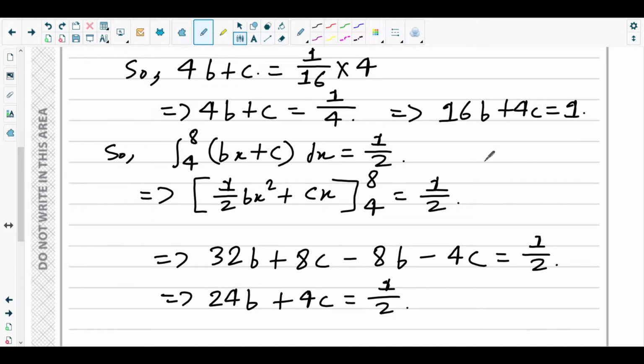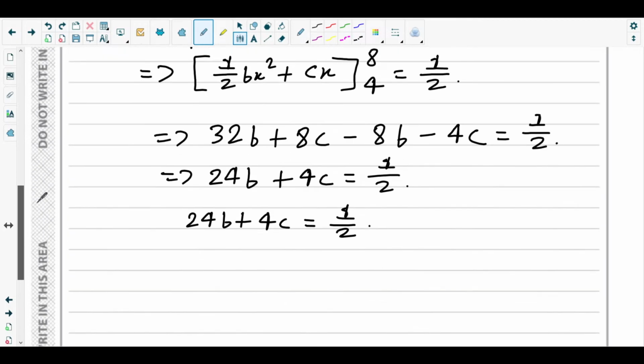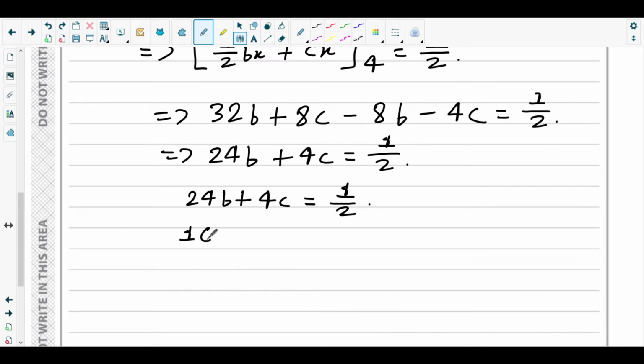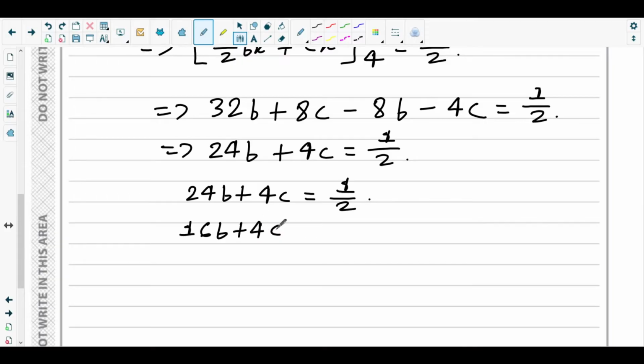If you solve the simultaneous equations, what will you get? Let's consider the elimination method. From 24b plus 4c equals half, let's subtract the other one, 16b plus 4c equals 1, so that 4c gets cancelled.